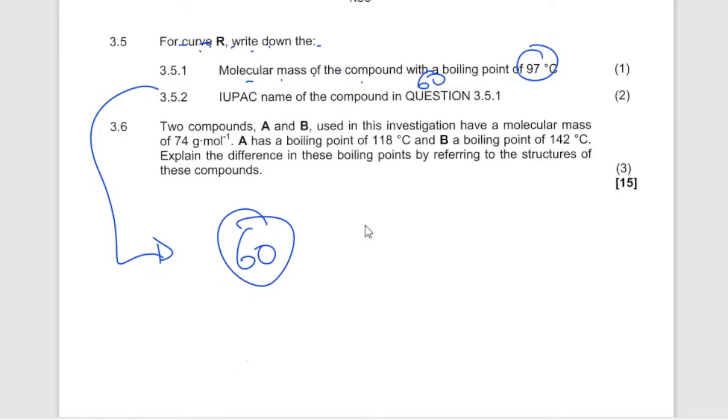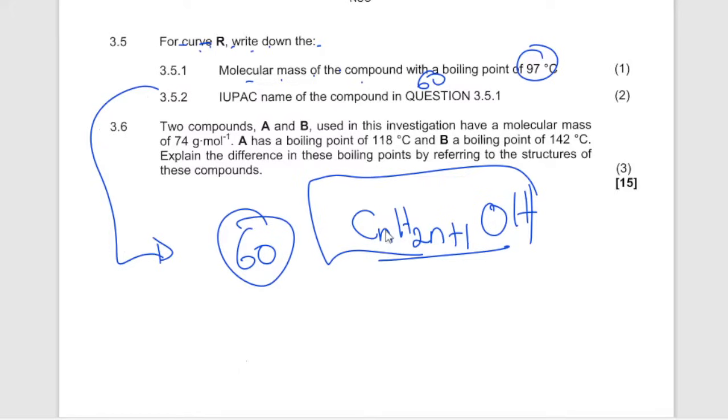You can use the formula CnH2n+1OH. That's the formula you're supposed to use, and then you're able to find it. If you substitute, you'll find out that it is CH3CH2CH2OH.